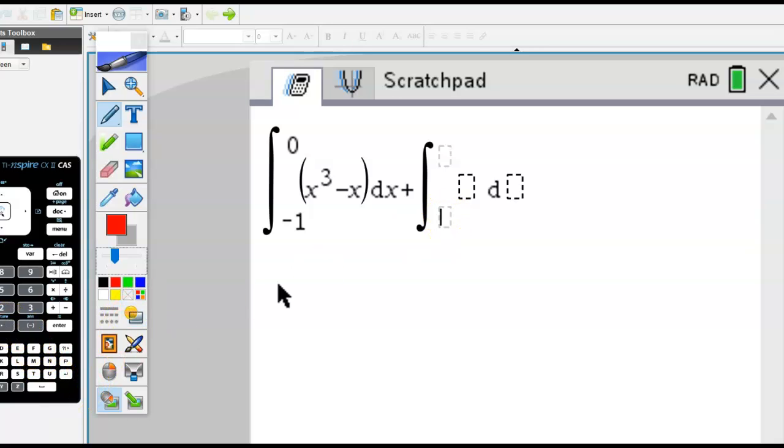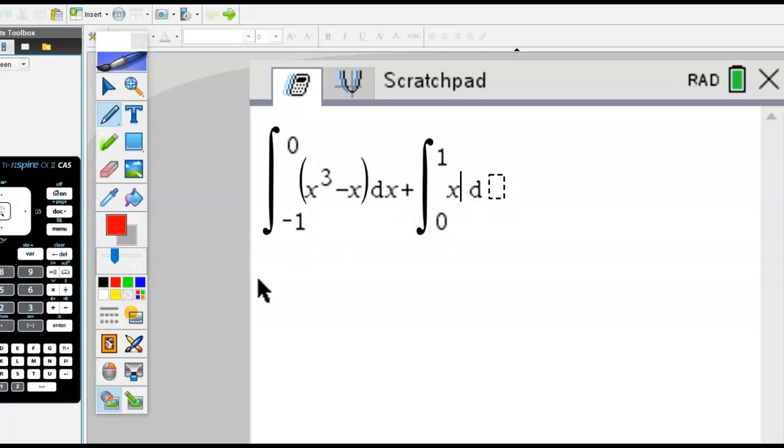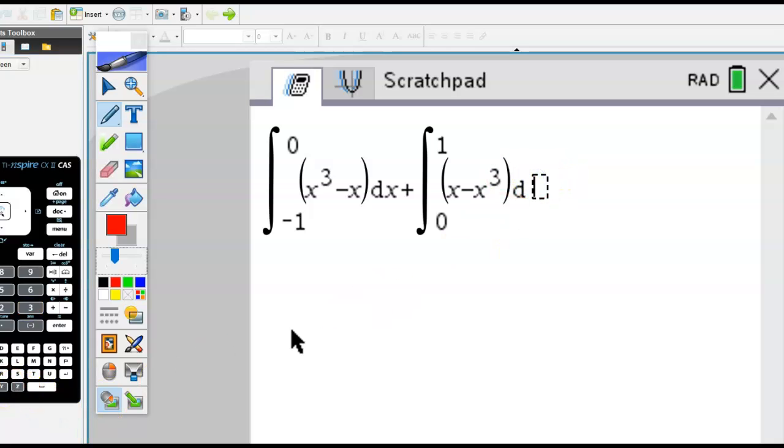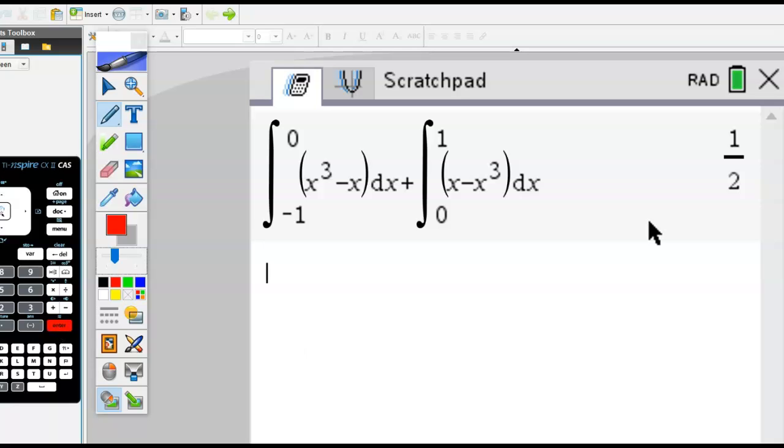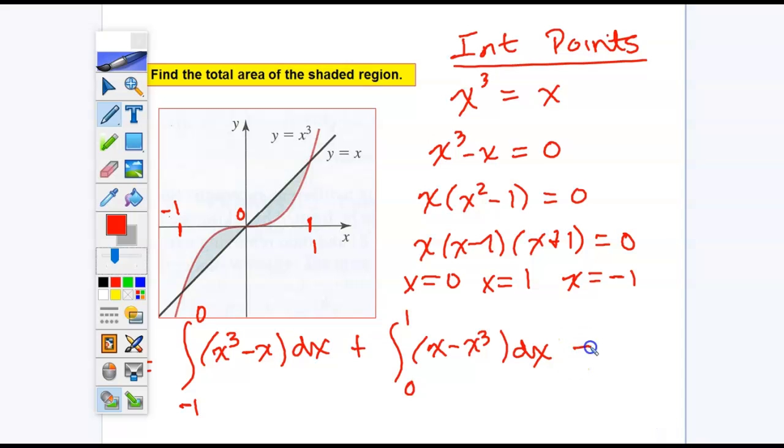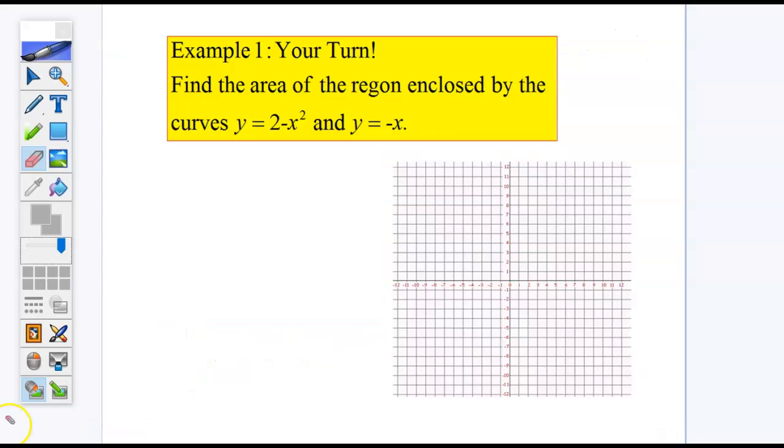This time we're going from 0 to 1, and now the top function is x minus x to the power of 3 dx, and if I hit enter, my answer works out to be 1/2. So the area trapped between those two curves is going to equal 1/2.